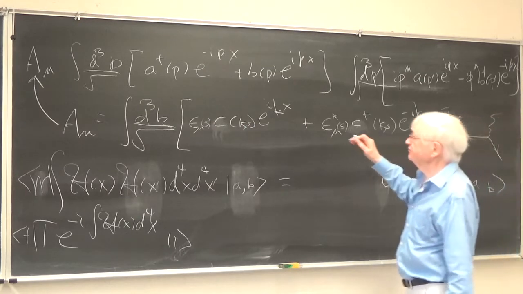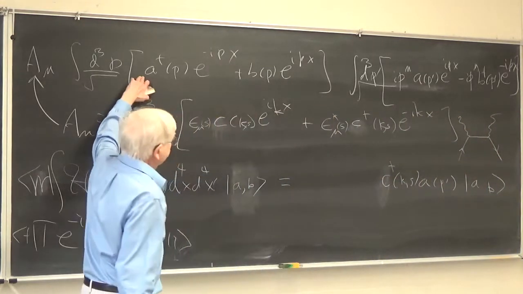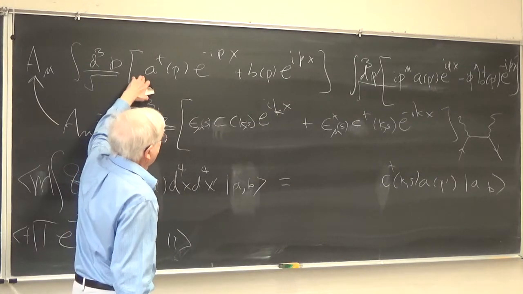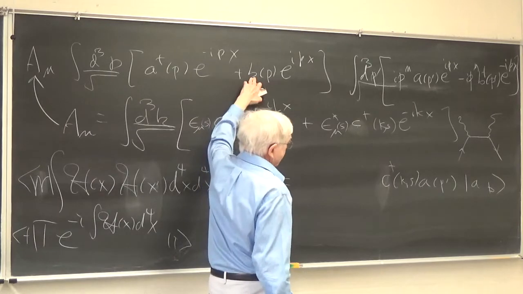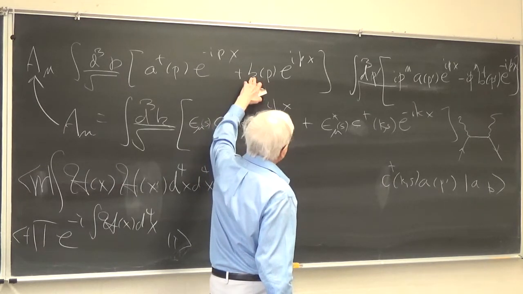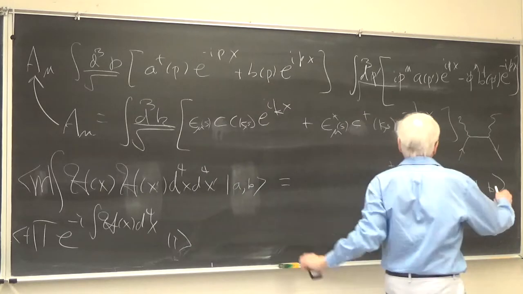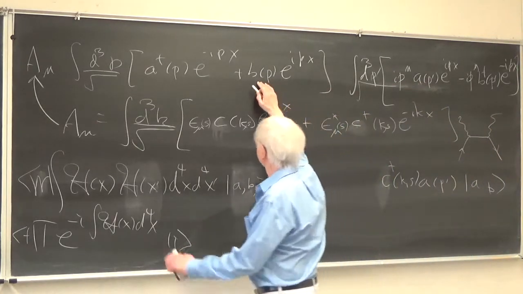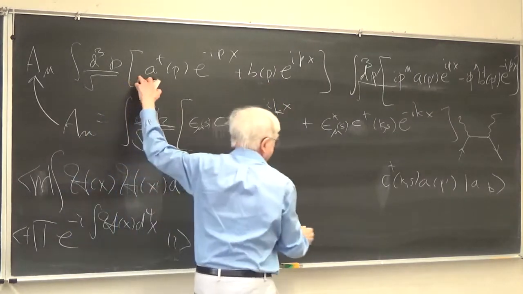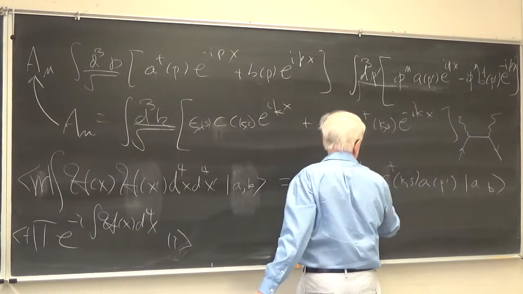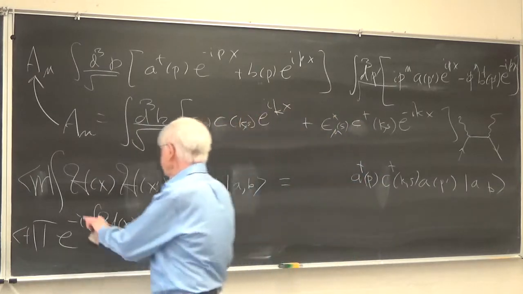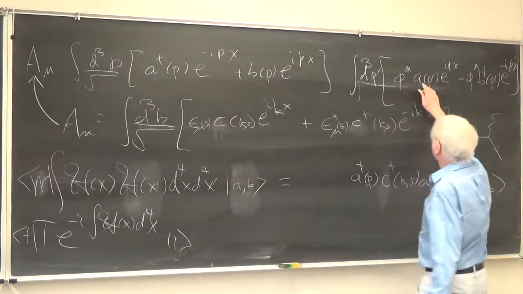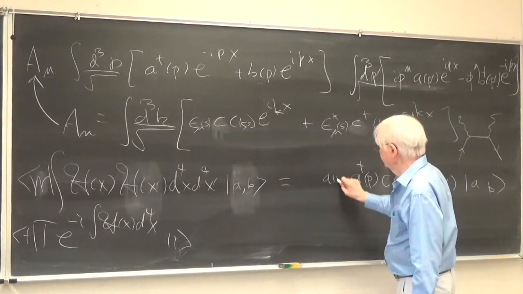But then there's another thing here, namely, I can either use the B term, so in other words, I used A here. I could use B here, but I'm not going to use B here. I'm going to use an A dagger. So I'm going to have an A dagger of p now. And then in the second term, I'm going to use an A of p prime.